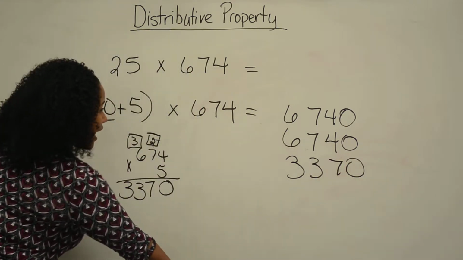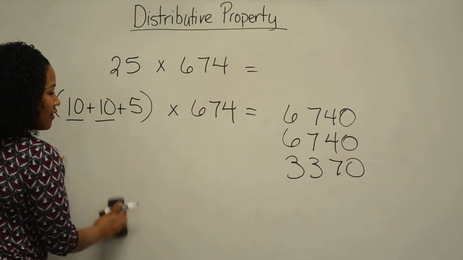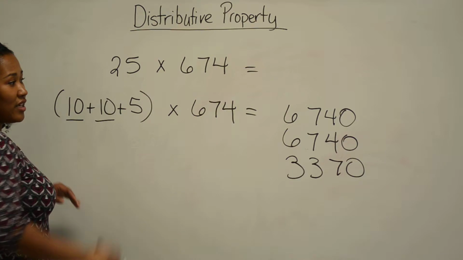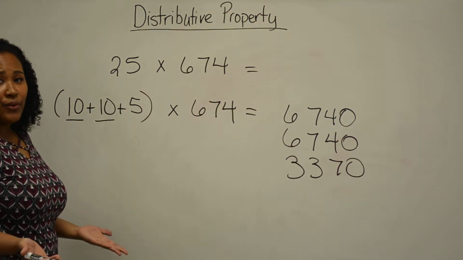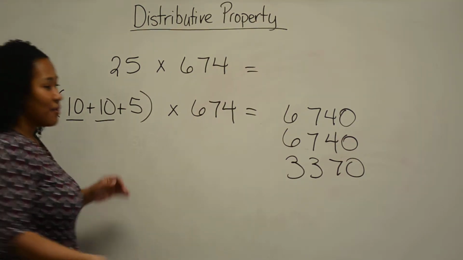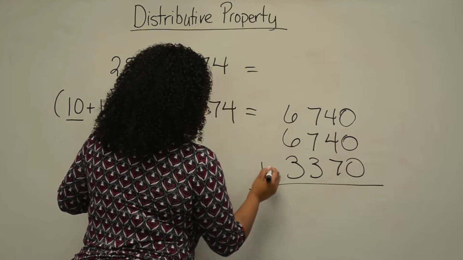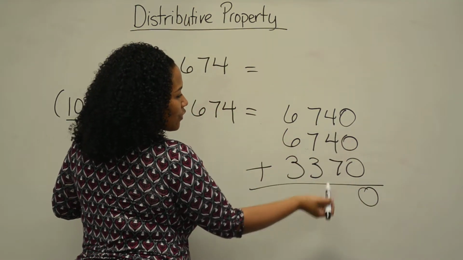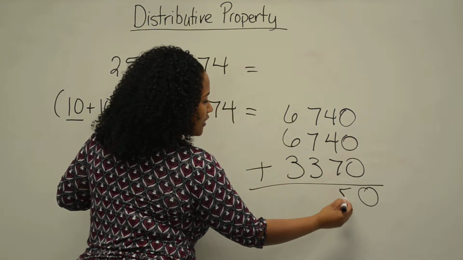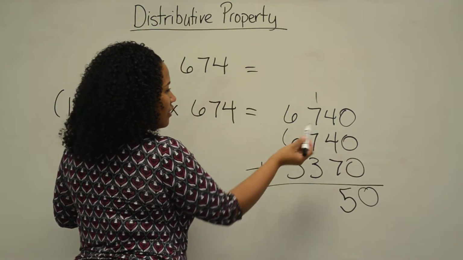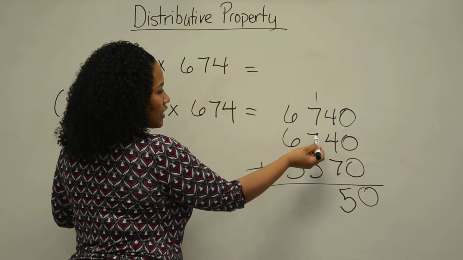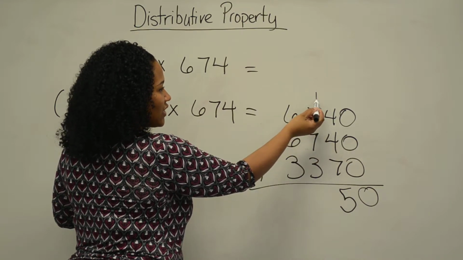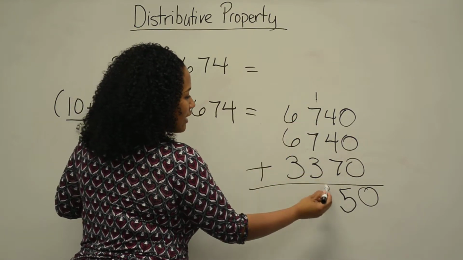All right, so now that we have those three numbers, what do you think we're going to do with it? We're going to add them. So zeros, add. 4 plus 4 is 8. 8 plus 7 is 15. Carry my 1. 7 plus 7 is 14. 14 plus 1 is 15. 15 plus 3 is 18.